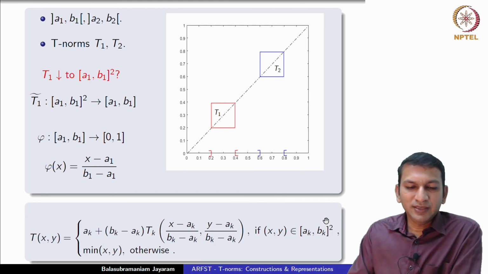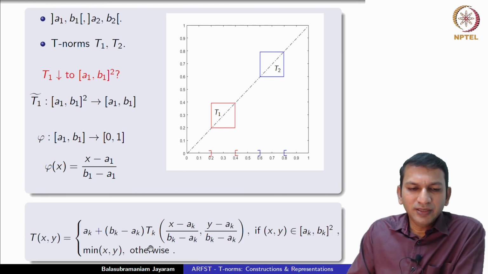We do it like this. Look at this. If you are given many such t-norms, in this case it was only T1, T2, but many such t-norms, let's look at this as T1. So that means, whenever x and y come from the A1, B1 square, this is how T of x, y will be defined: A1 plus B1 minus A1, times T1 of this value.